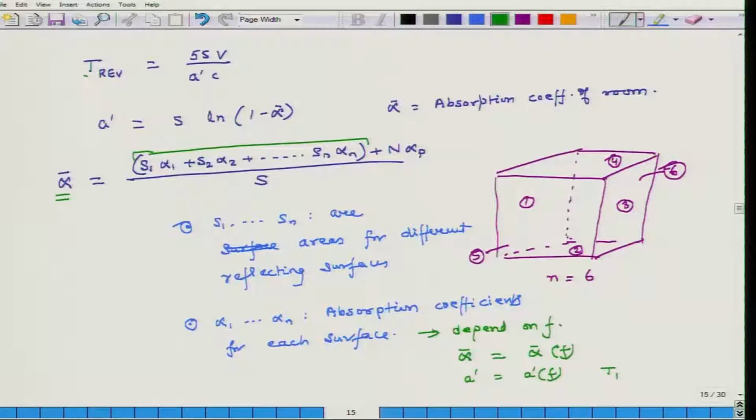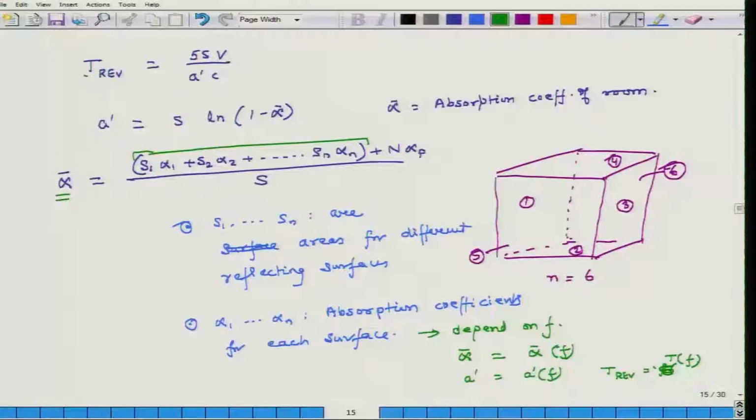So, T rev is a function of frequency, right. So, whenever we are computing the reverberation time, we have to make sure that not only do we say that the reverberation time of this room is 2 seconds, but we also say that it is 2 seconds at 500 hertz or 1000 hertz or whatever. Okay. So, that specification has to be complete.